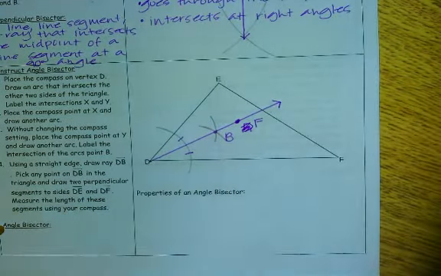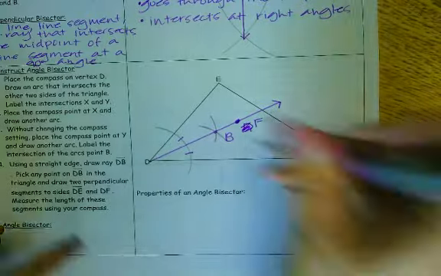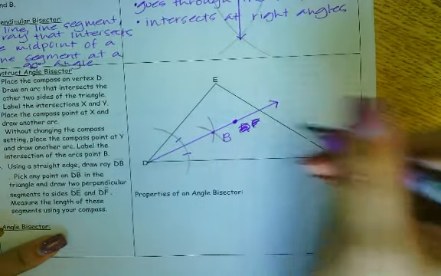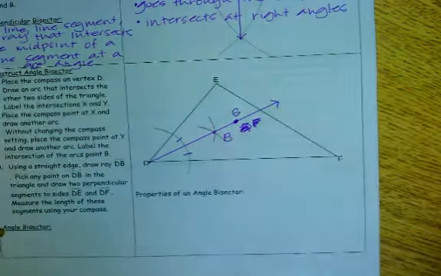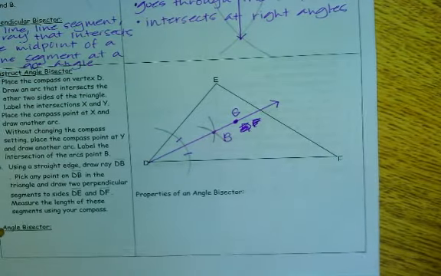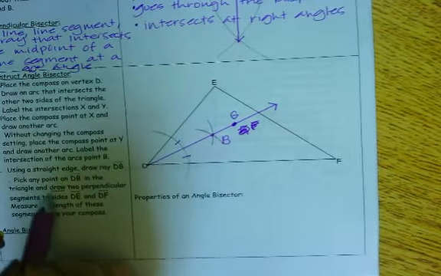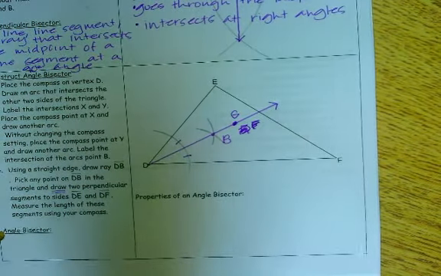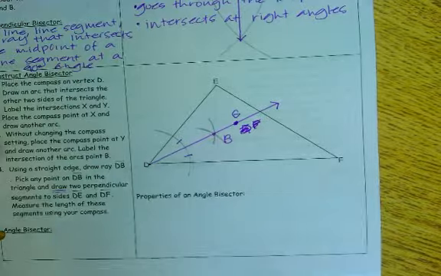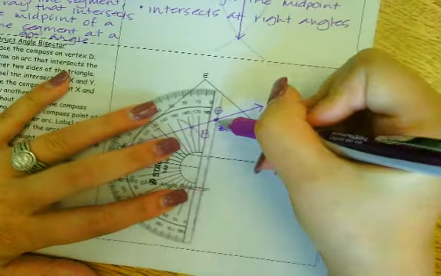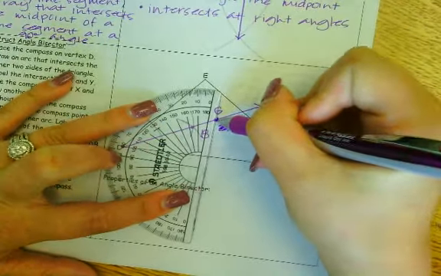G. Is that one taken? No. Okay. G. Okay, and then it says draw two perpendicular segments. So you do not have to construct it with the compass, just eyeball it and draw what you would think would be the perpendicular segments.